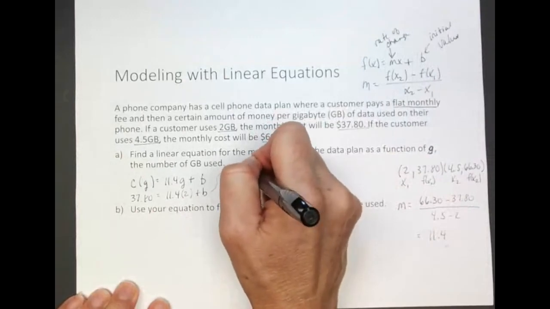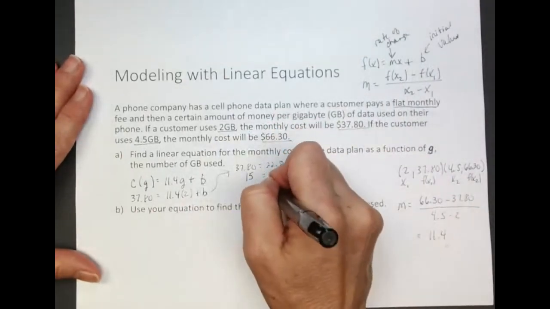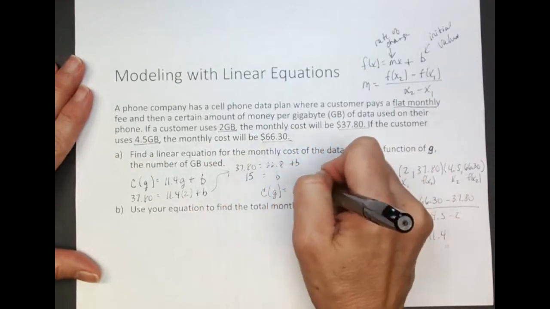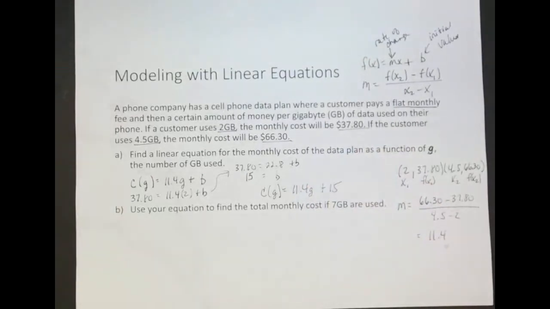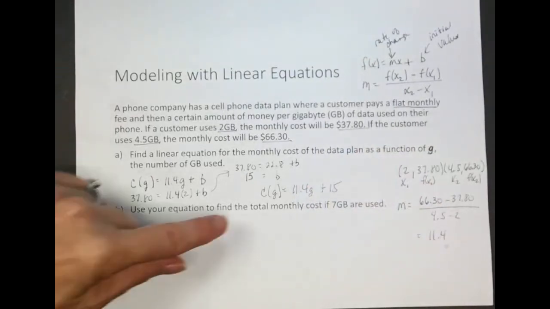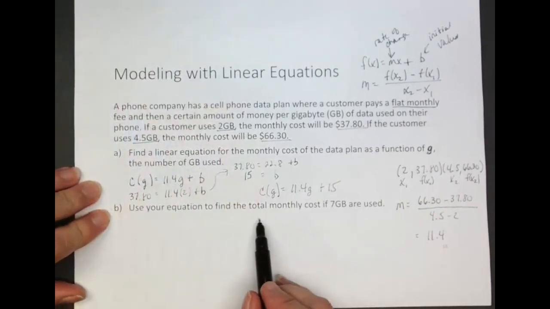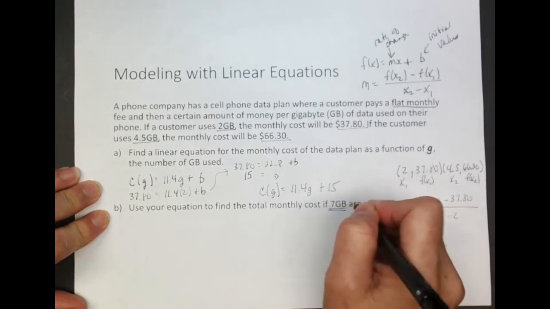So I have to pay $15 even if I don't use my phone, right? So that's what the model then is. C of g equals 11.4g plus that $15 flat monthly fee. All right, now we've got the model. Let's use that equation to find the total monthly cost if 7 gigabytes is used.